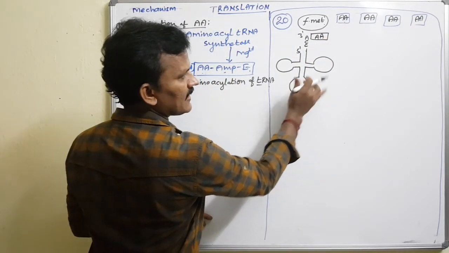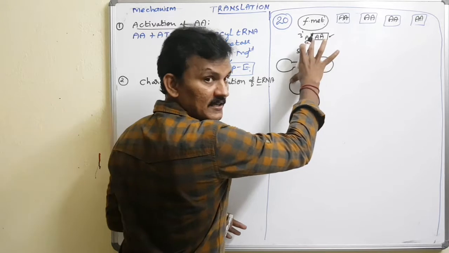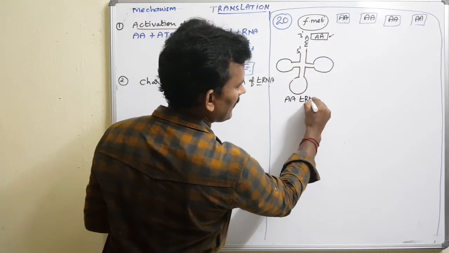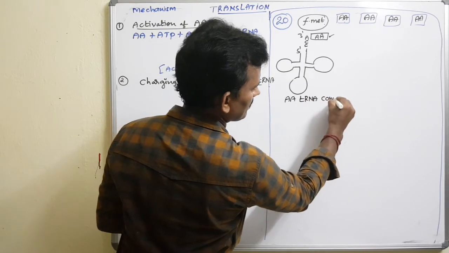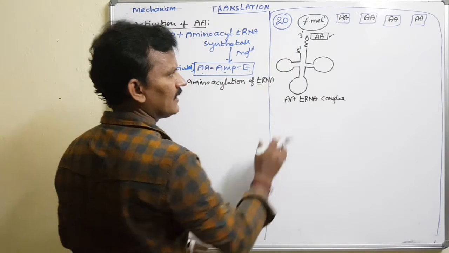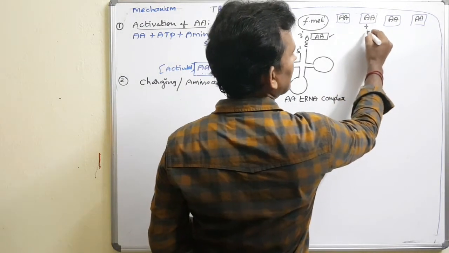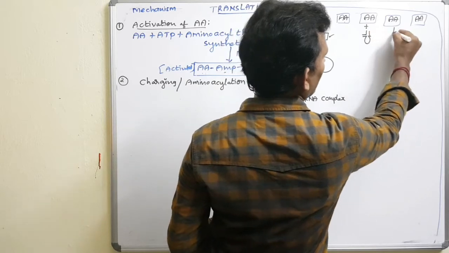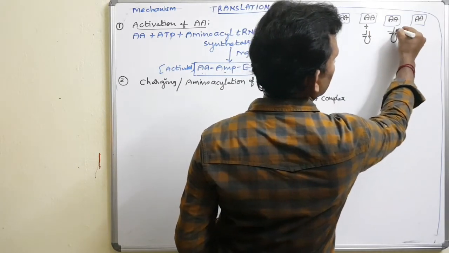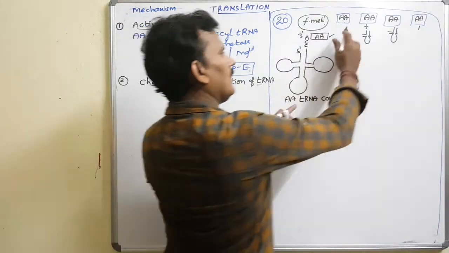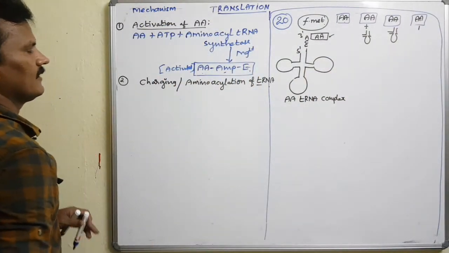Now the tRNA and amino acid together are called the aminoacyl tRNA complex. This is the activation. So all the amino acids get activated with tRNA.